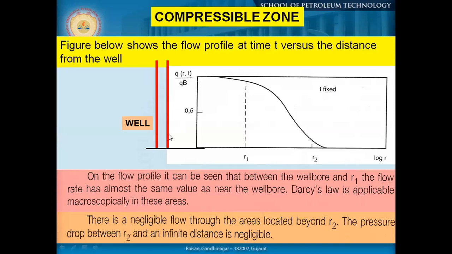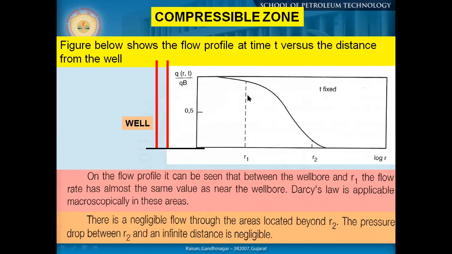Then it will reach the sand face, the perforation, and then the flow will be from the reservoir itself. So the initial response we receive in our instruments is related to the wellbore effect and the skin around the wellbore. Then there is the compressible zone, a zone which gives you the main response for the pressure behavior.